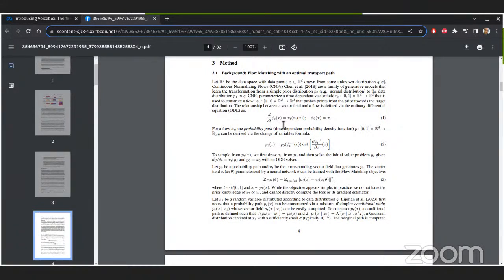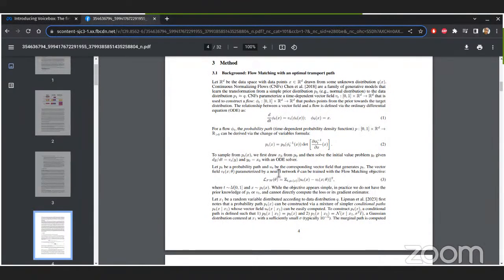So the issue over here with VoiceBox is that they want to train a network to learn the vector field, which aims to make the transformed distribution match the target distribution. But in practice, they don't have direct knowledge of the probability path or the vector field, which makes it challenging to compute the loss of the gradient.